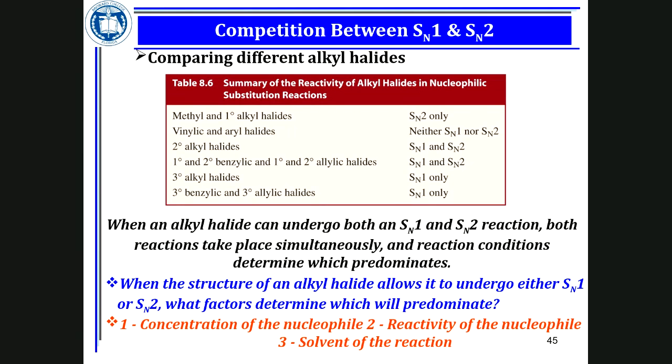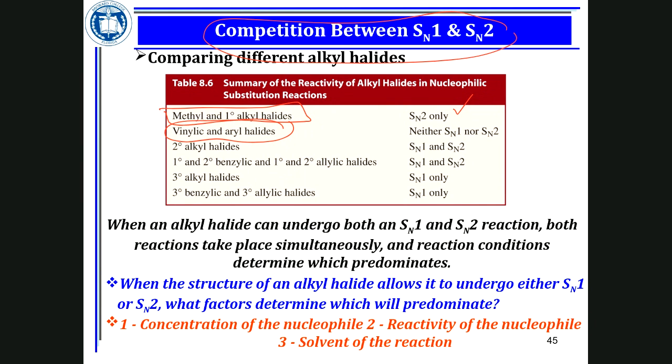When would a reaction go through SN1, and under what condition will it go through SN2? If you have a methyl or primary halide, you would get SN2 only. If you have an aryl halide or vinylic halide, these are not good. That's different from allylic.